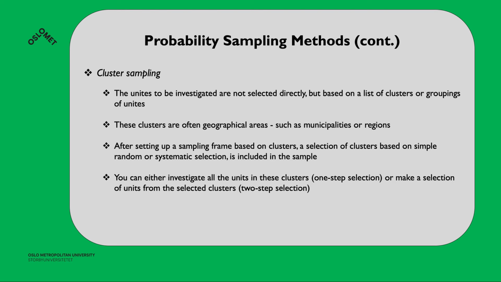After setting up your sampling frame based on clusters, you do a selection of clusters based on simple random or systematic selection, which are then included in the sample. And you can either investigate all the units in these clusters, one-step selection, or make a selection of units from the selected clusters. That's called two-step selection.